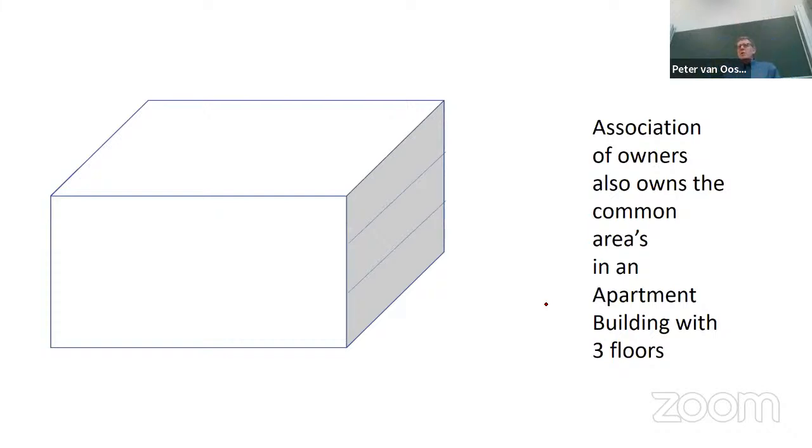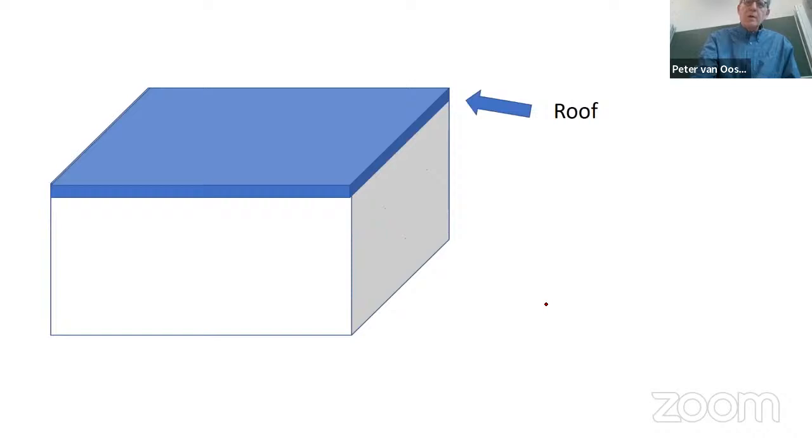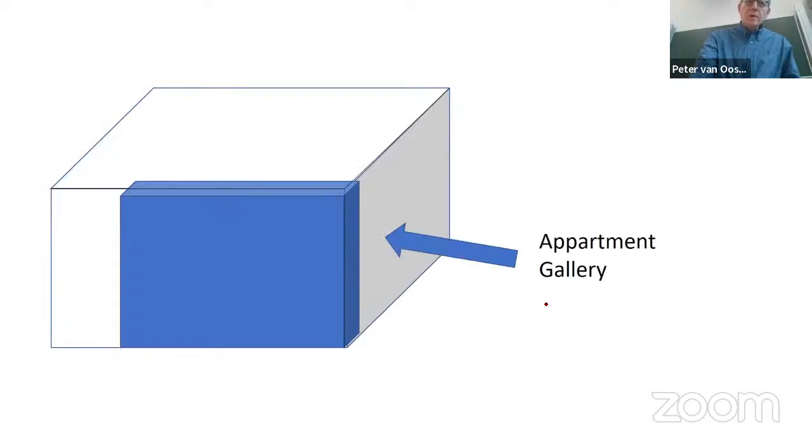And this association of owners is not only owning the land, but it's also owning the common areas in the apartment building. So here there are 3 floors. The roof is owned by this association of owners. Roof needs maintenance, renewal from time to time. The apartment gallery, so the walkways, how to get from one apartment to the next apartment and to the staircases.